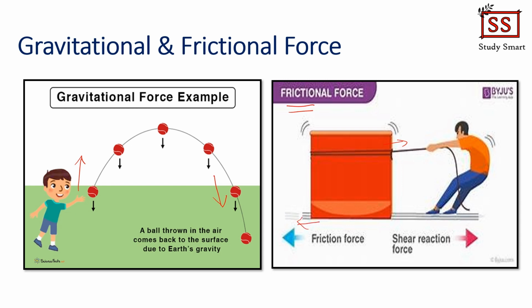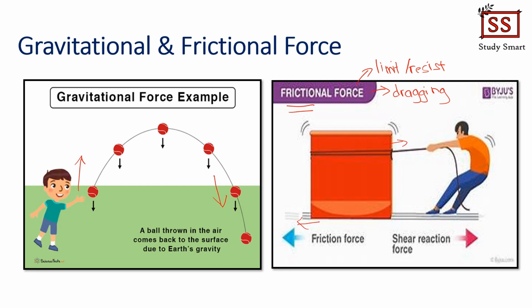It is a force that limits or resists, it causes resistance, and limits the movement of an object. You can say it is a dragging force. So whenever something is moving in a certain direction, there will be a frictional force acting in the opposite direction.